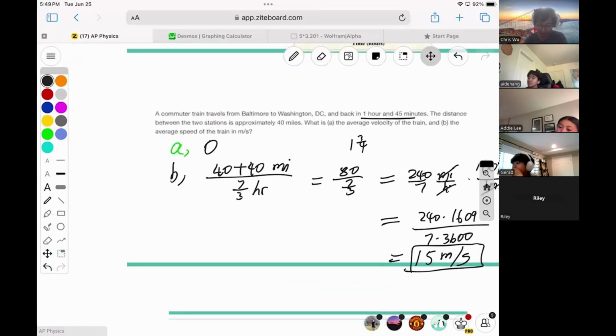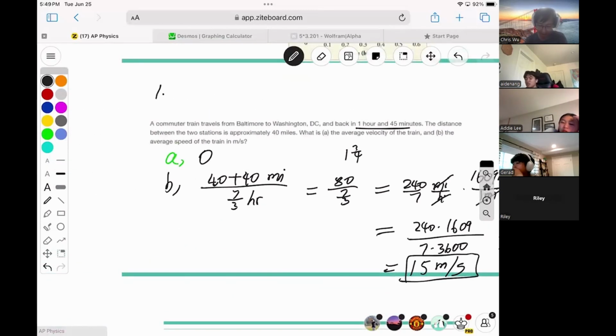Step one, this is very crucial. When I'm dealing with a physics problem, read twice. I always do that. The first time is to get a general idea of what the question is talking about. And then the second time, I'm really annotating and highlighting, okay, what's the key information there?